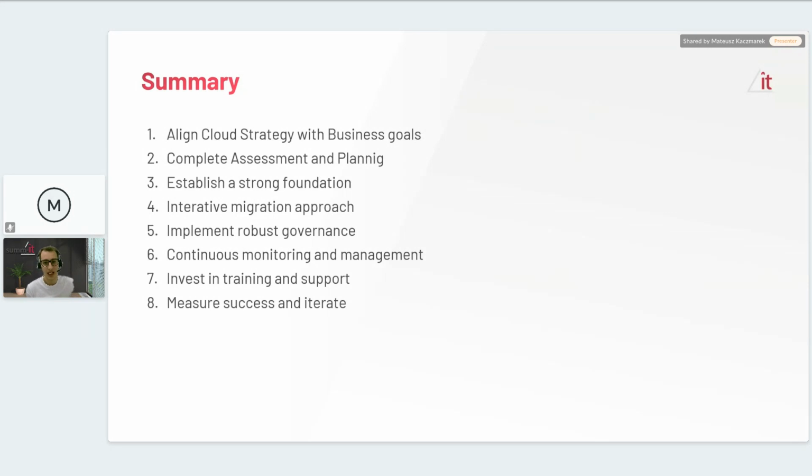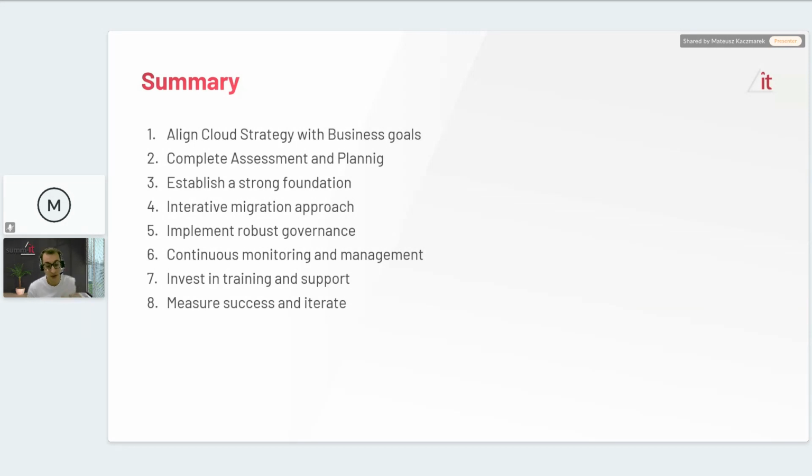Establish clear governance policies regarding access, security, and compliance. It's essential to regularly check, review, and update these policies depending on our business needs and when threats evolve.